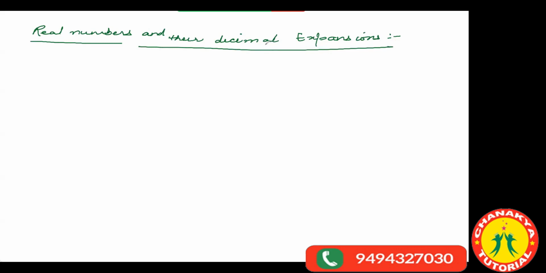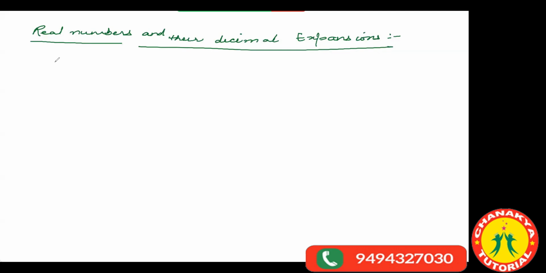Okay. So here, children, we will study about the decimal expansion of real numbers. By this, we can use the expansion and distinguish between rational and irrational. Rational numbers are very familiar to us, right? Yes, ma'am. So next we come to irrational numbers.